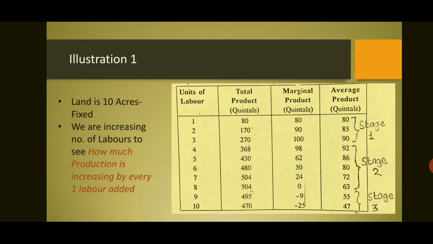Then we have added one more. We have not increased production, but we have lost production of 9 units, that is 495. And as soon as we have added more labor, our production becomes negative.